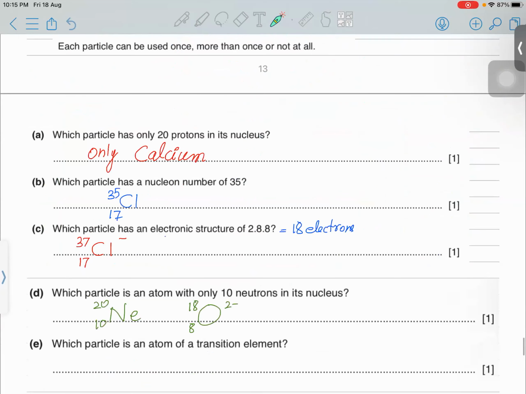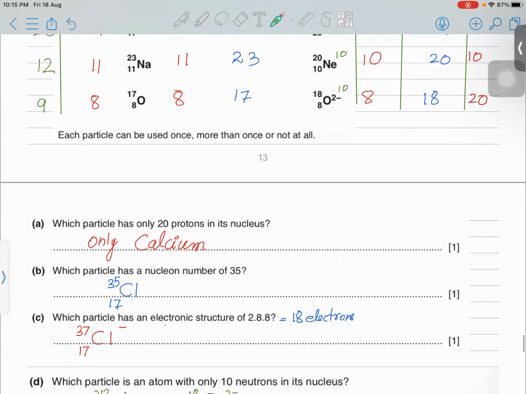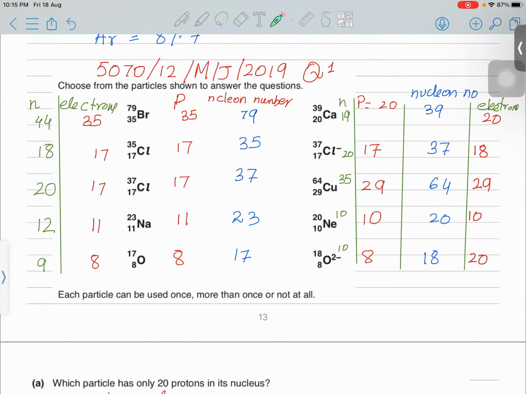So the last question is: which particle is an atom of a transition element? How can you identify the transition element? Transition metals are those metals which have different colors, right?